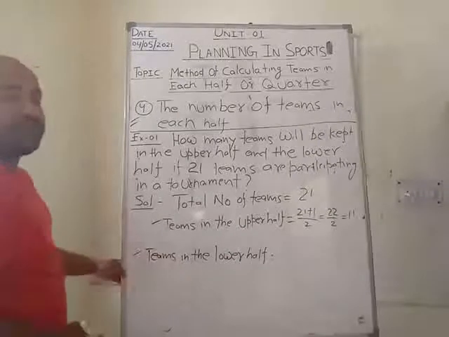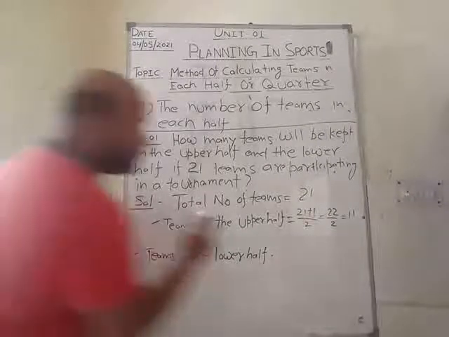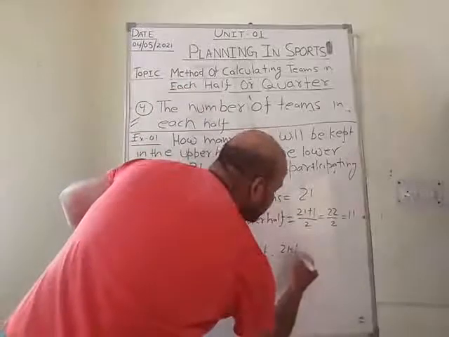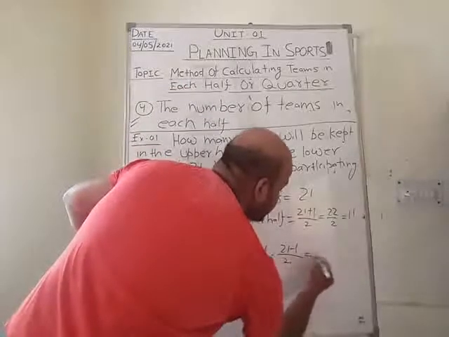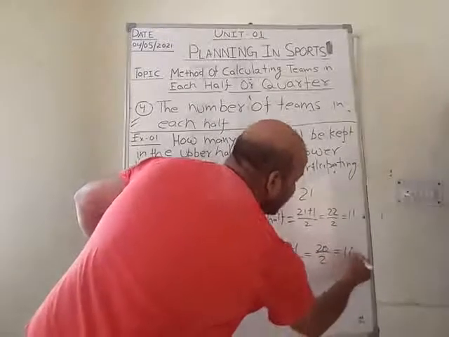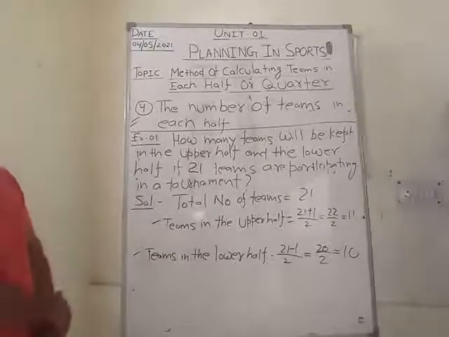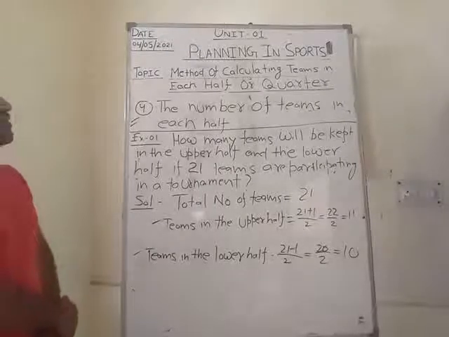Teams in the lower half: the formula is total number of teams minus 1 upon 2, so 21 minus 1 upon 2, 20 upon 2, equal to 10 teams will come in the lower half. This is the example.